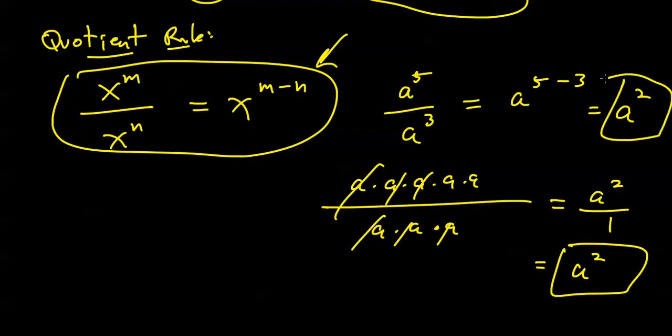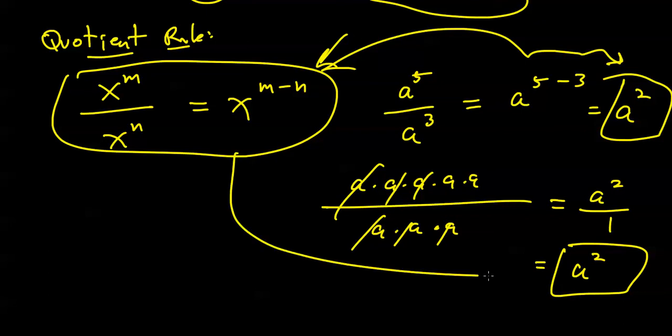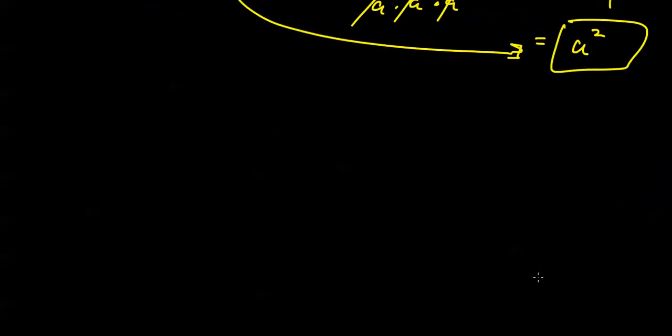So I can either formally apply the rule and get the answer of a squared, or I can maybe a little more informally look at things and get the same answer. It depends on how you want to attack any problem of interest. Should be able to work it out both ways, I suppose. Another example of that quotient rule, b to the 14th power over b to the 8th power.